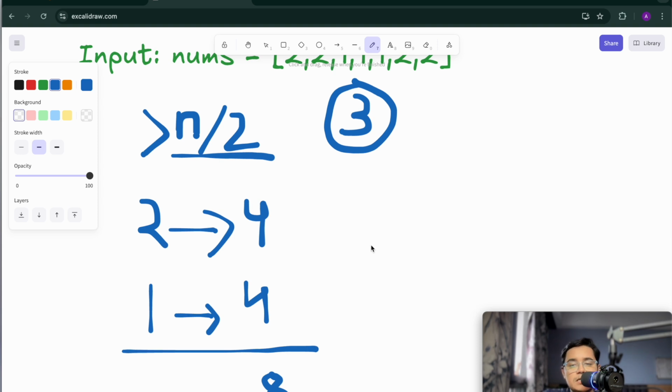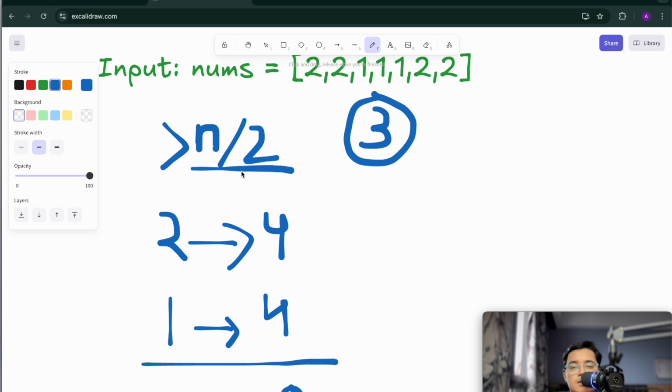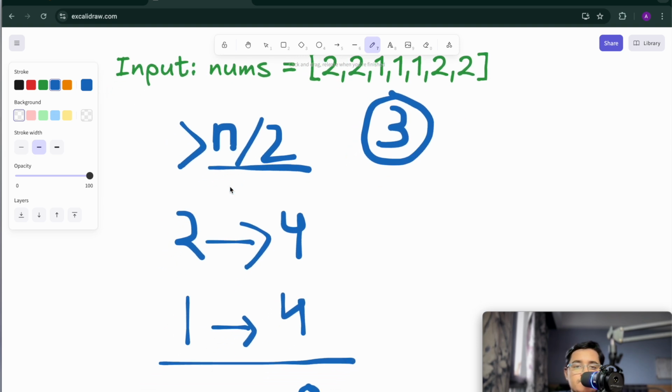So it's quite clear mathematically that if an element appears more than half the time, there cannot be another element that appears more than half the time. So that is the mathematical logic behind the algorithm that we will be studying right now.